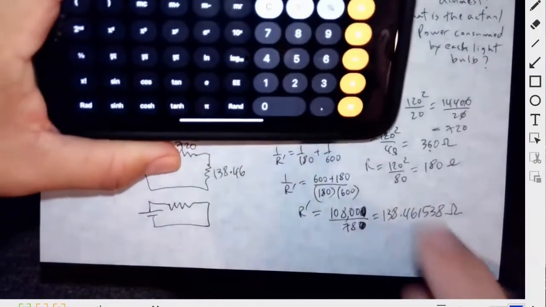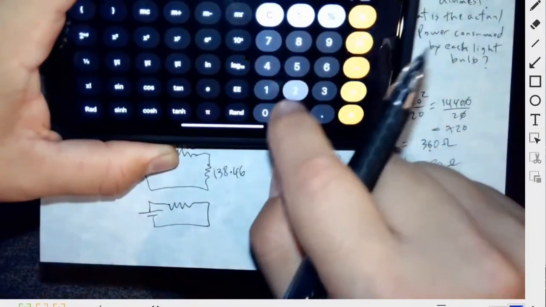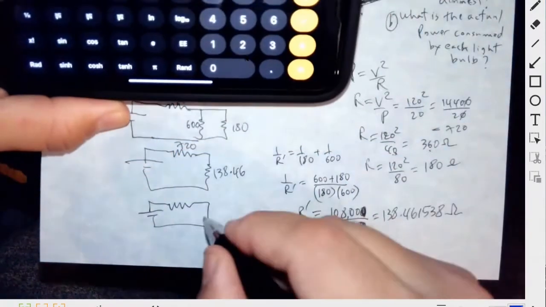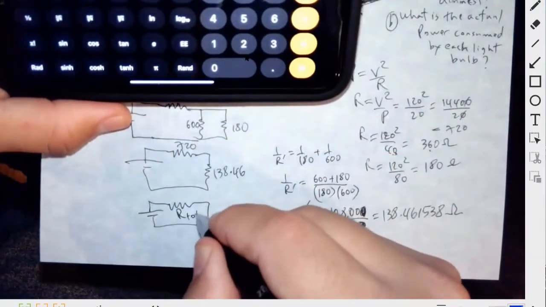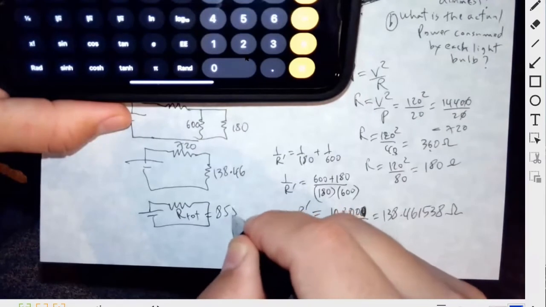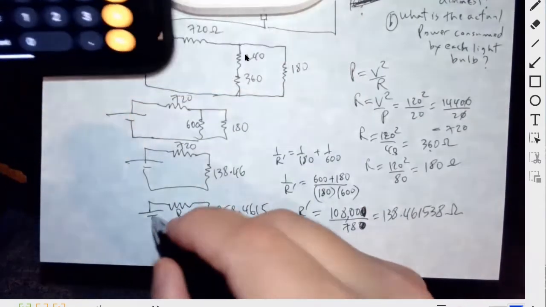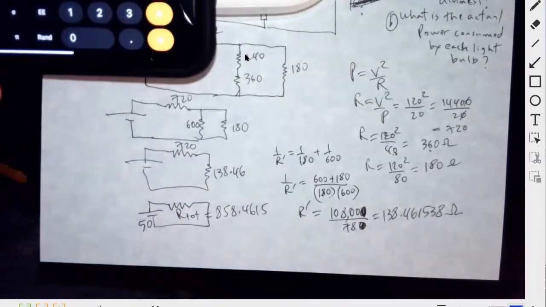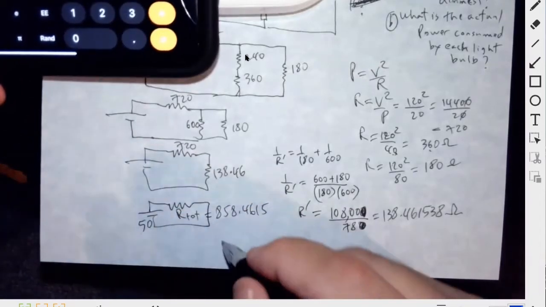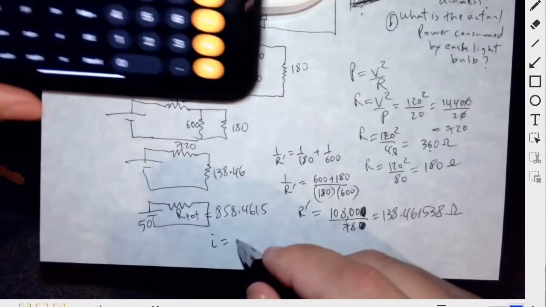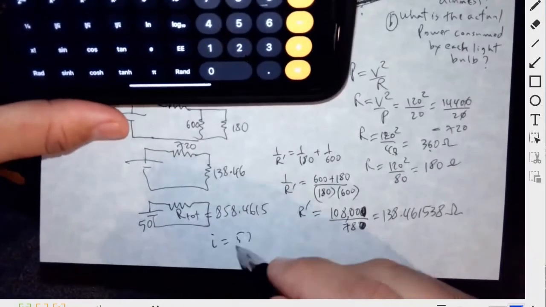Your total resistance is 858.4615. Then you can say, okay, now let's calculate what the current there is: 50 over this number.